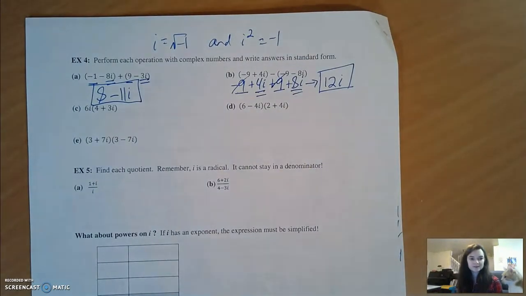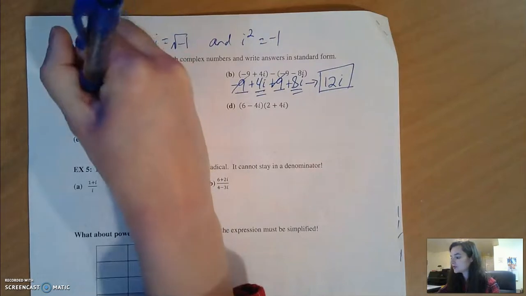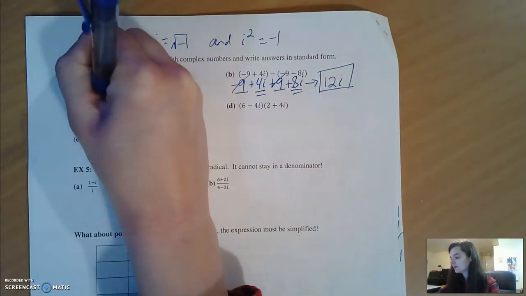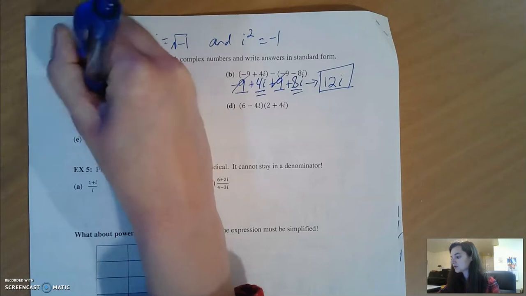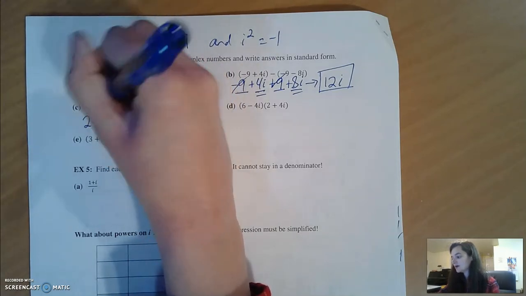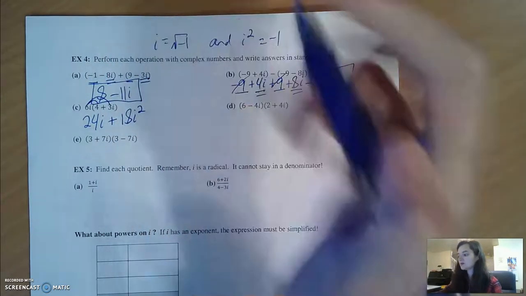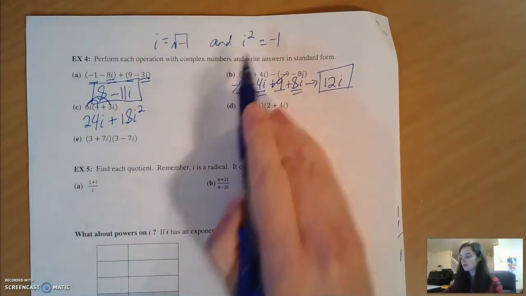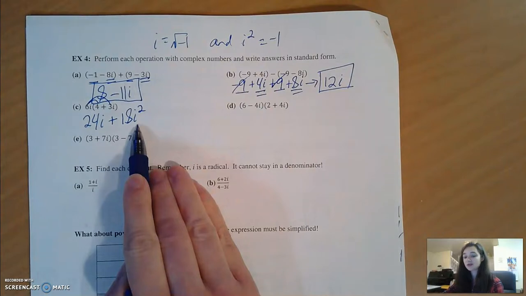Alright, next up is multiplication. So multiplication, I've got 6i times 4 plus 3i. You distribute just like normal, okay? So you're going to do 6i times 4, which would be 24i. Plus, you're also going to do 6i times 3i, so 6 times 3 would be 18. i times i is i squared. And this is where we need to remember that i squared is negative 1. So that i squared I have here, it's really negative 1.